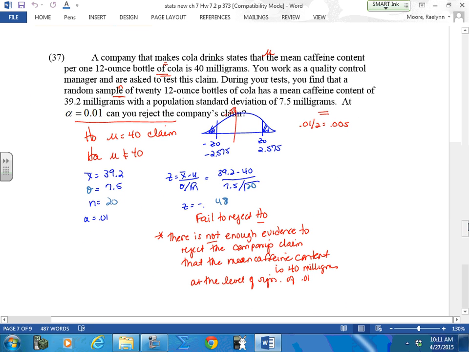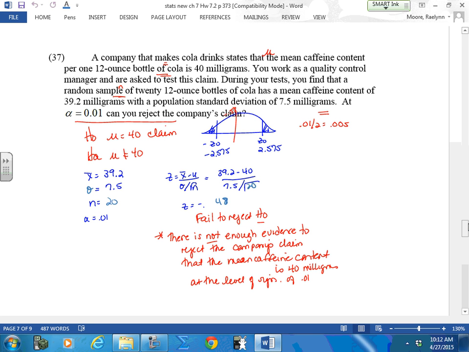Okay. Now, you'll get one that walks you all the way through. So here's a company that makes cola drinks. States that the mean caffeine content per 12-ounce bottle is equal to 40 milligrams. Your mean is equal to 40. There's your claim. Okay, states, claims means the same thing.